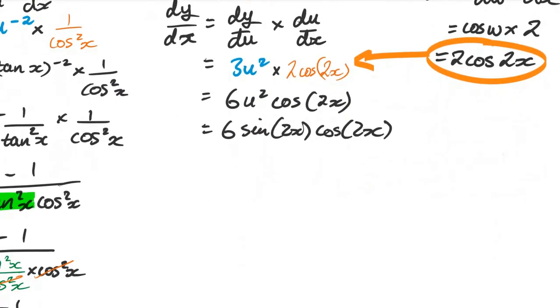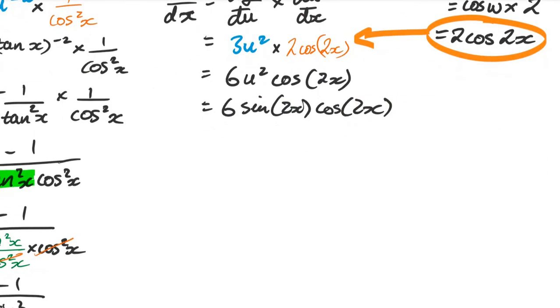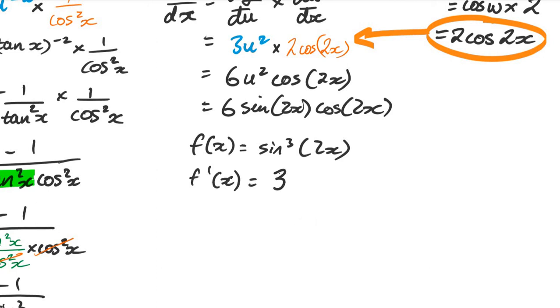Alright, how can I do that the shortcut? Right, so f of x is sine cubed of 2x. Okay, so derivative of a cubic is going to be 3 times that inner function squared, sorry I missed the squared there, multiplied by the derivative of the inner function.